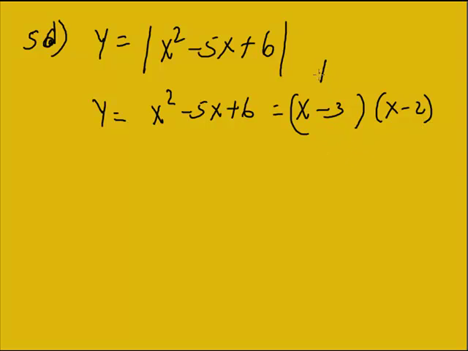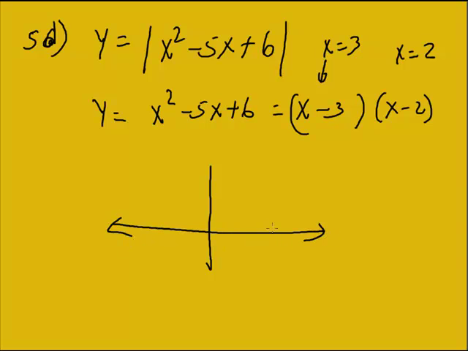That means x is equal to 3 is a 0, and x is equal to 2 is a 0, or they're the roots of that parabola. So what that means is this parabola at 3 and 2, so let's call this 2 and call that 3, it crosses the x-axis. We found the roots.